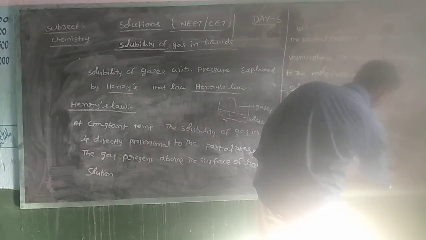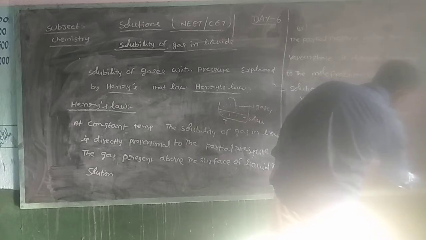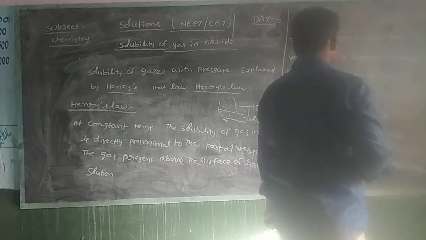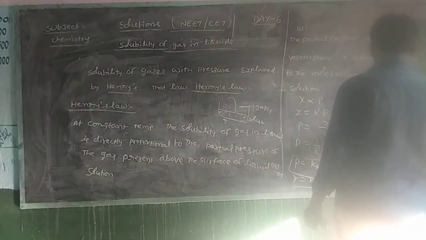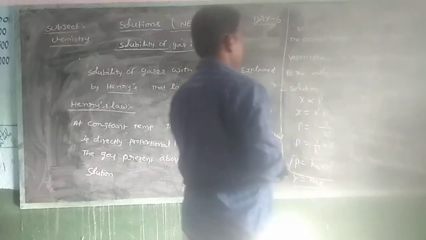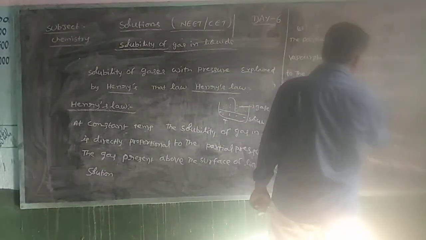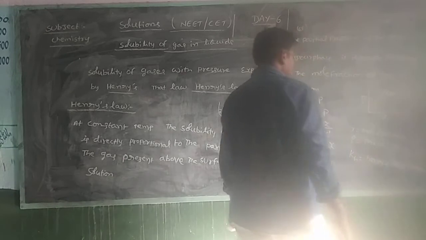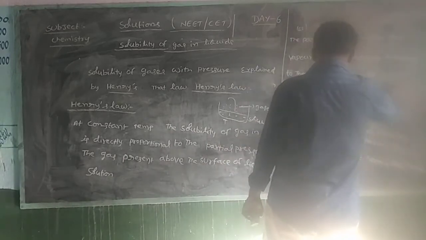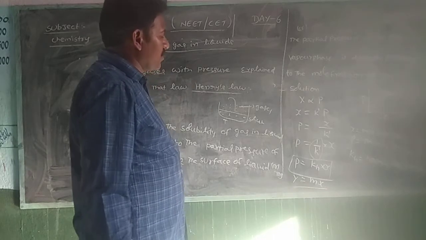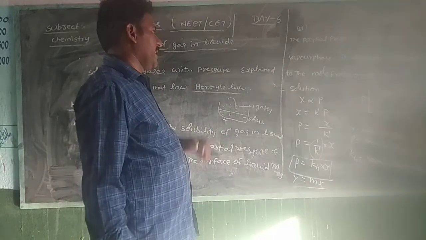The slope obtained is KH, the m of y is equal to mx. So P is equal to KH into x.